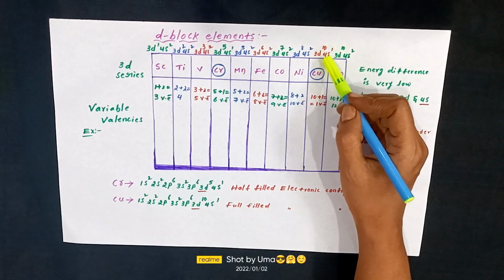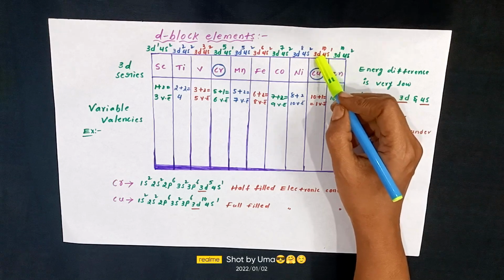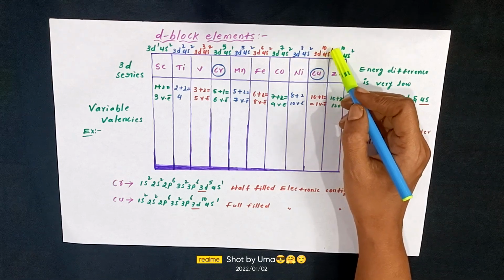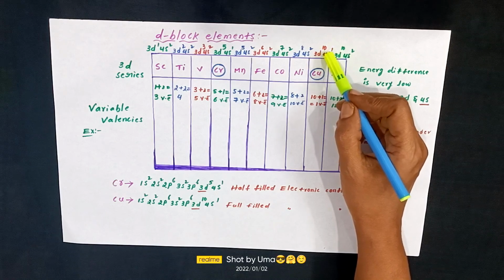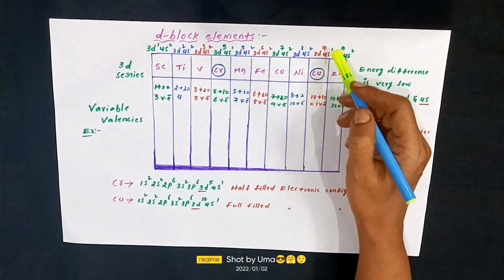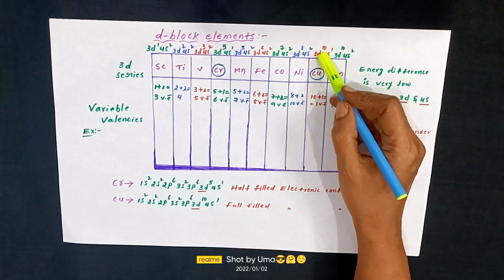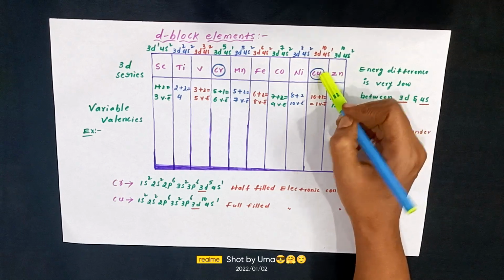If you fill all the degenerate orbitals of D, that means filling 10 electrons into the d orbital, it gives more stability to copper. So copper needs a fully filled configuration to get more stability, children, like chromium.